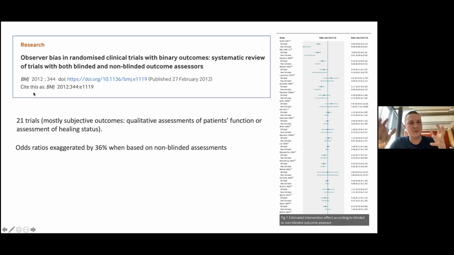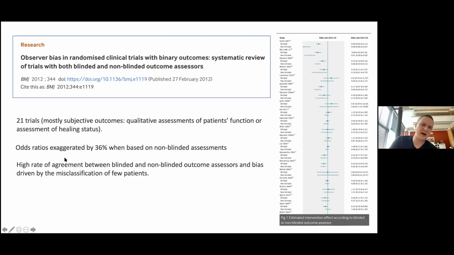So blinding of both research personnel and participants is very important, especially when we do assessment, because it might creep in and exaggerate results. It should be said here that there was actually a high rate of agreement between the blinded and non-blinded outcome assessors, but the bias was mainly driven by misclassification of a few patients.